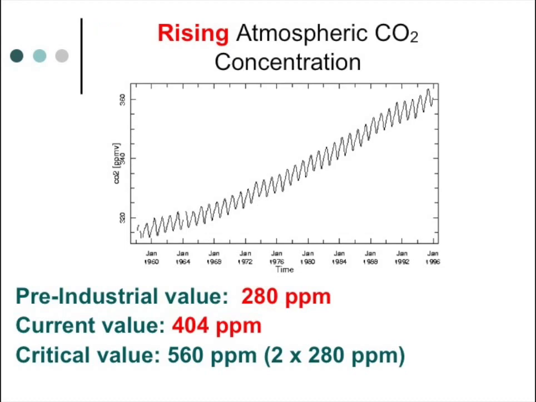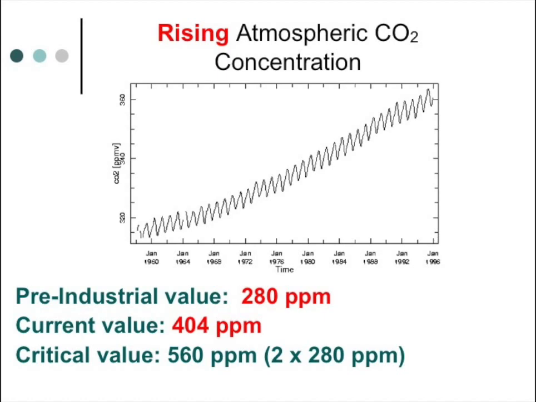So this is the key thing, and this graph shows the key thing. Because of the industrial activity since the middle of the 19th century, there has been more CO2 emitted into the atmosphere. And because we've cut down so many trees, there are fewer places for that CO2 to be taken up.